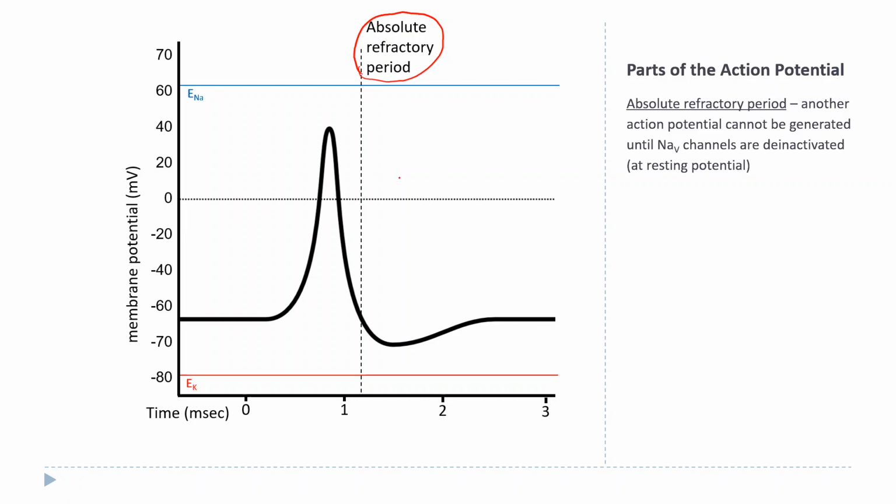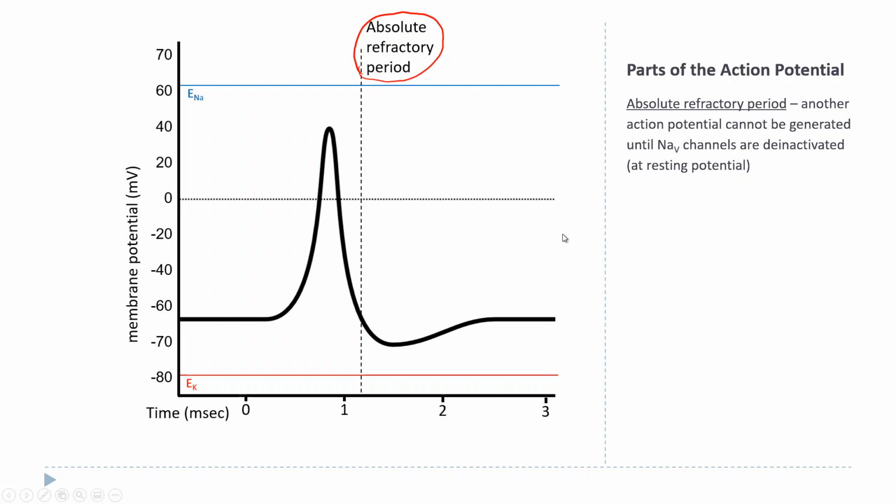So that time frame, which again is maybe a millisecond, 1.5 milliseconds from initiation, is the upper limit on how many action potentials you can have. So about one every millisecond, or one every 1.5 milliseconds, is the maximum hypothetical firing rate of a neuron.